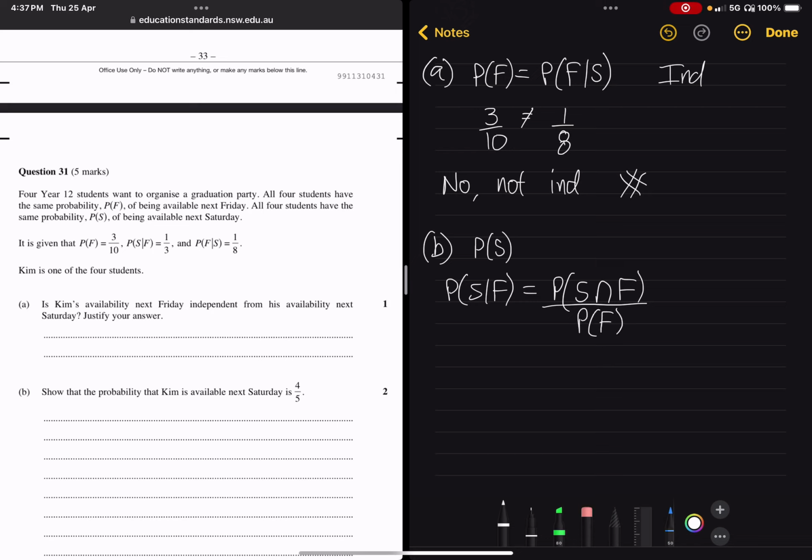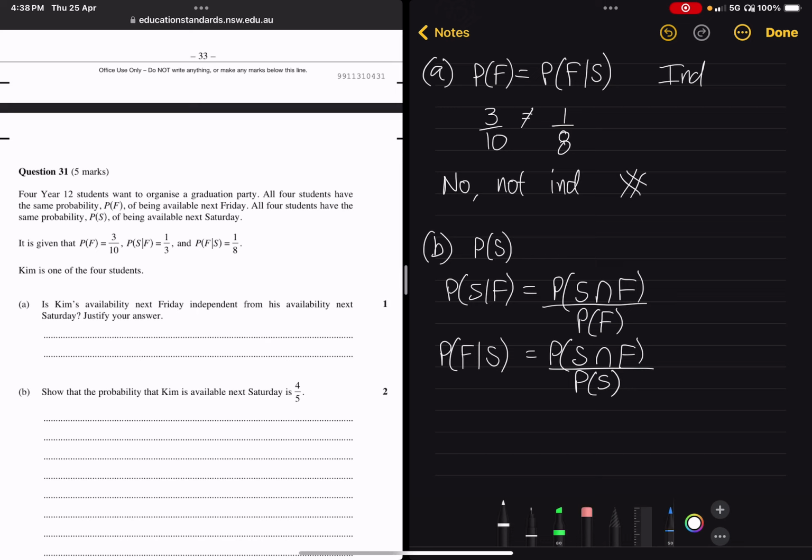And we can also use P(F|S) is equal to P(S ∩ F) over P(S). Now you notice both of these have an unknown value in them, which is P(S ∩ F).